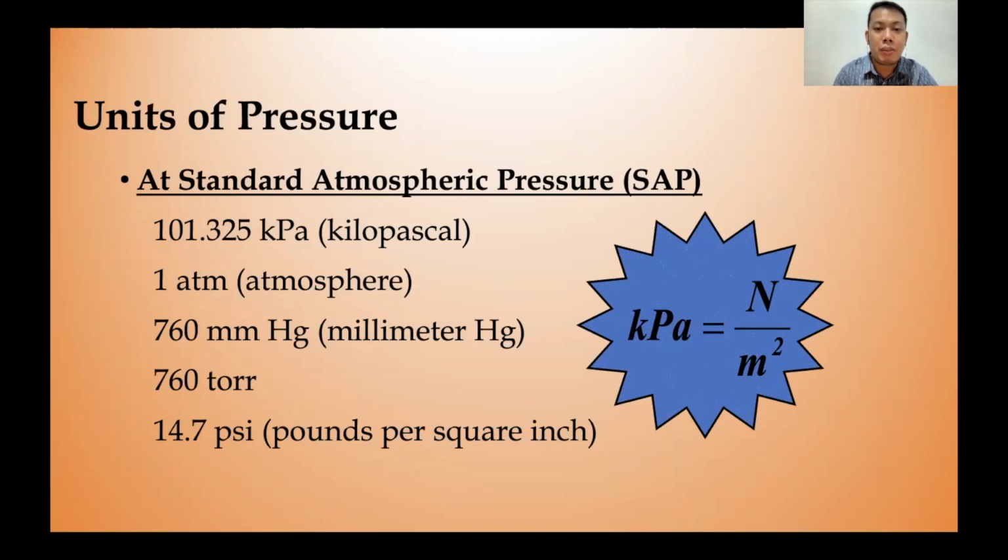At standard atmospheric pressure or SAP, these are the units that you can use. 101.325 kilopascal. 1 kilopascal is equivalent to N over m squared. And 101.325 kilopascal is equivalent to 1 atm or 1 atmosphere, equivalent to 760 millimeter of mercury or mmHg, or also equivalent to 760 torr or 14.7 psi or pounds per square inch.